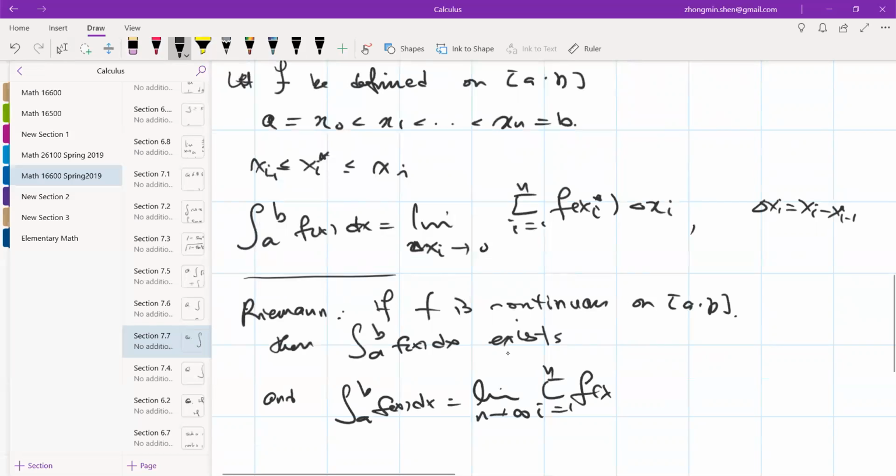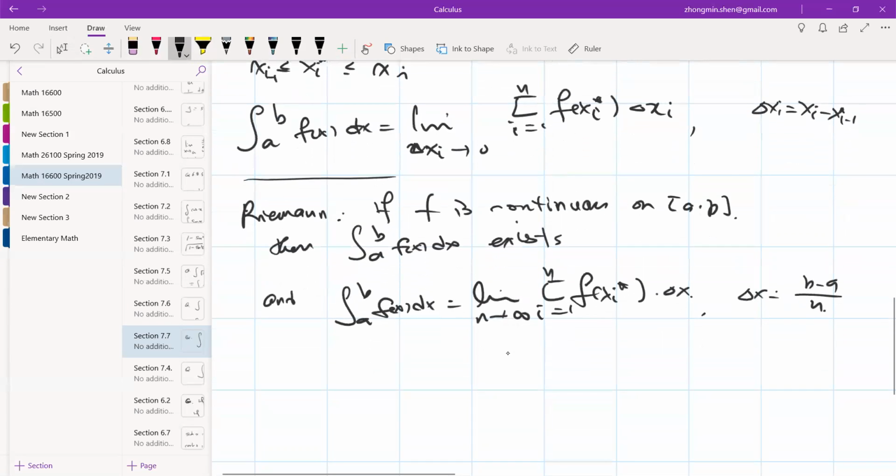The points I still can choose arbitrarily, but the delta x will be the same, delta x i, because we use a special partition from A to B, evenly spaced, x1, x2. So this xi is going to be A plus i delta x.